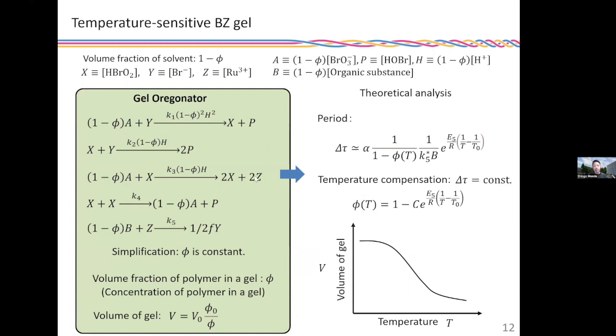And then we could evaluate the period of the BZ gels, something like this. From this theoretical analysis, we can predict that the temperature-sensitive gel may show temperature compensation, something like this graph.